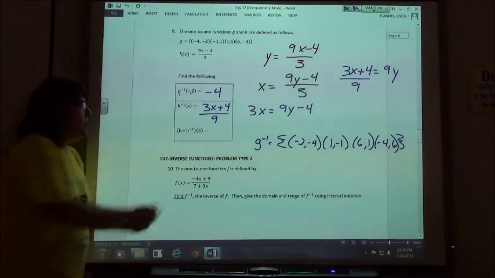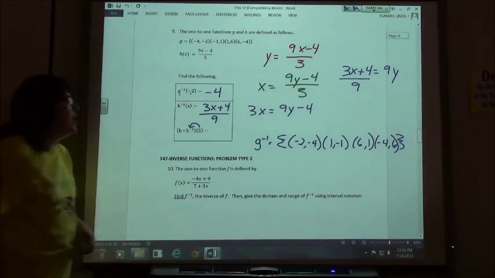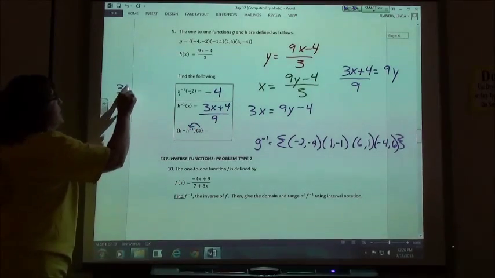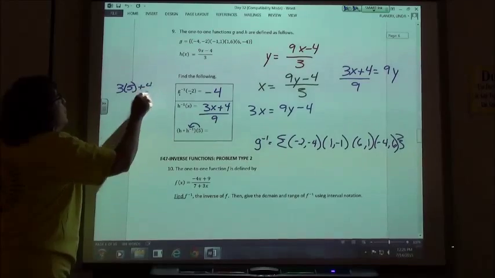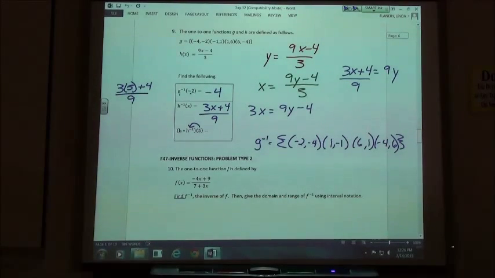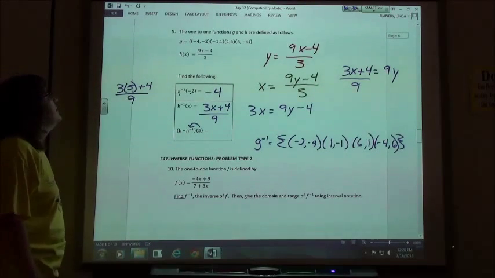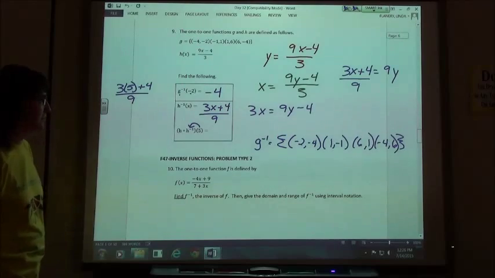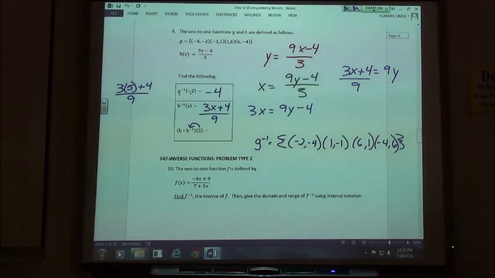So I'm going to start by putting 5 into my inverse function. (3 times 5 plus 4) over 9. If I do that, I'm going to get 19 over 9, right?